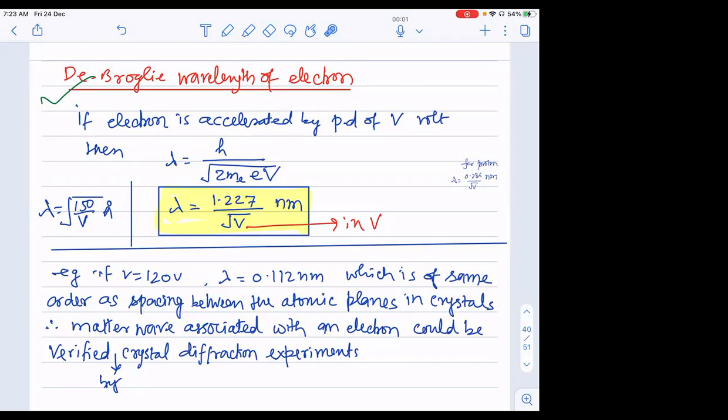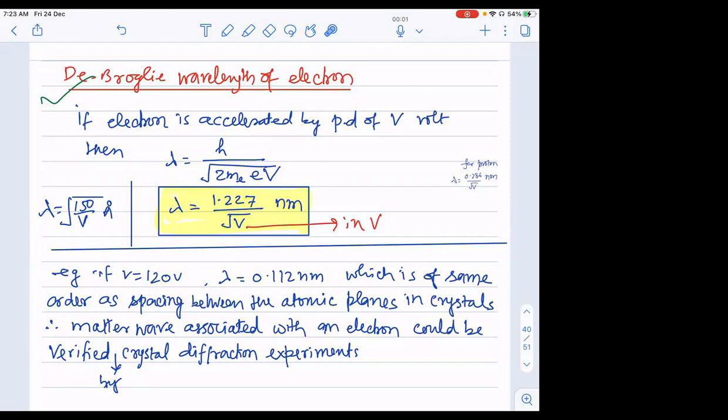So things can be checked whether waves are really produced by the electron. Yes, it can be checked. So this is a standard relation you have to remember from the numericals point of view.